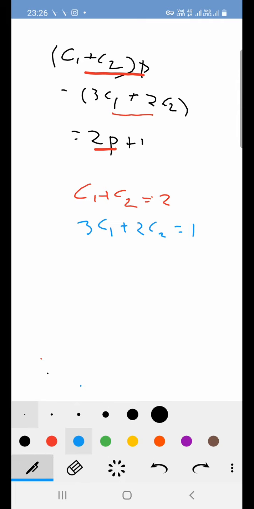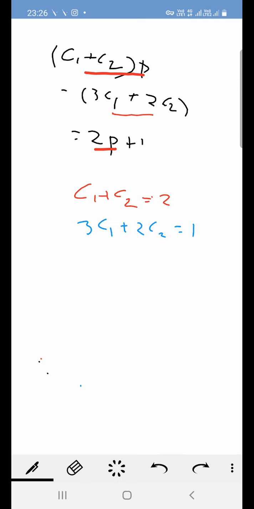Solving this, we find that C1 is equal to minus 5 and C2 is equal to 7.